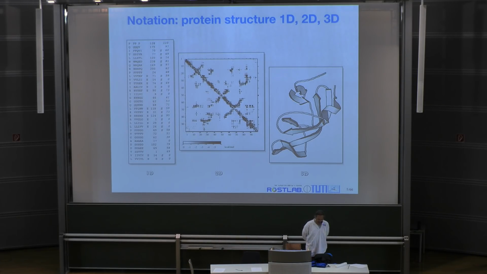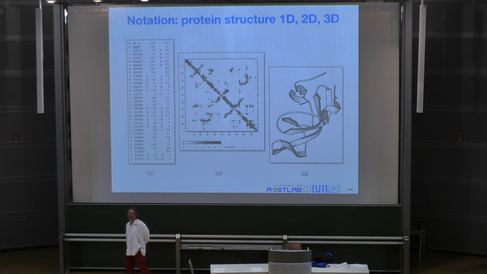So the question is, I said secondary structure is 1D because I can present it as a string. Now you could strictly argue that the 3D coordinates of a residue you can also present as a string. This is sort of a little more complex string, and I take that part in principle.